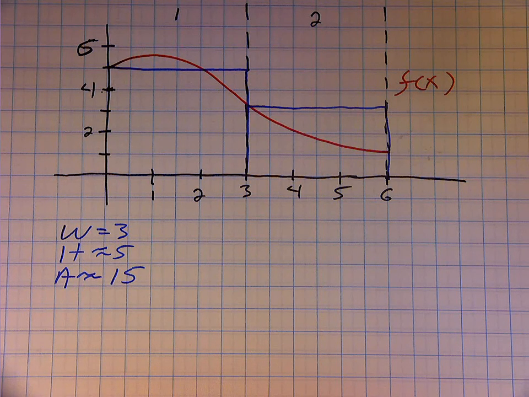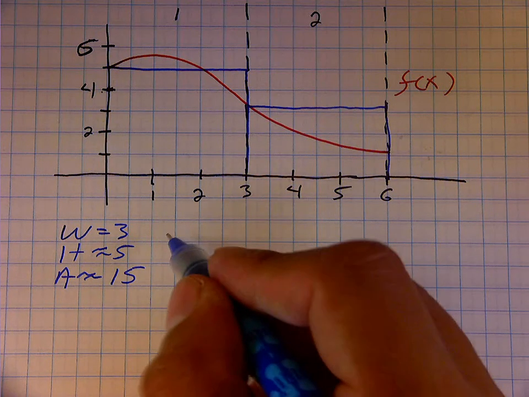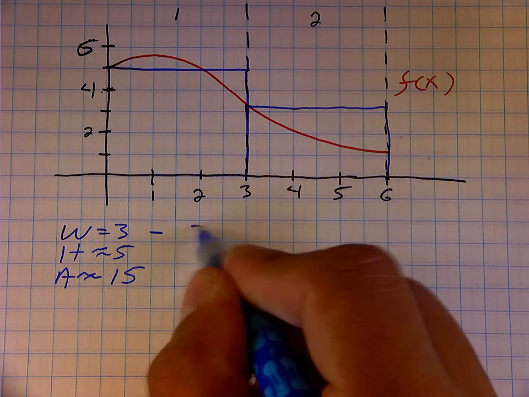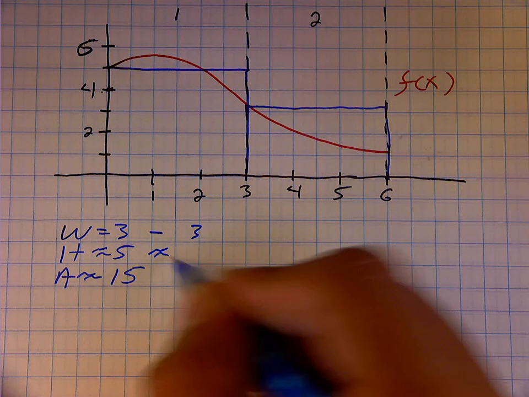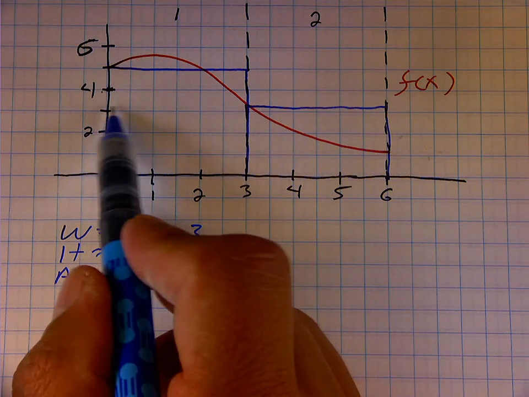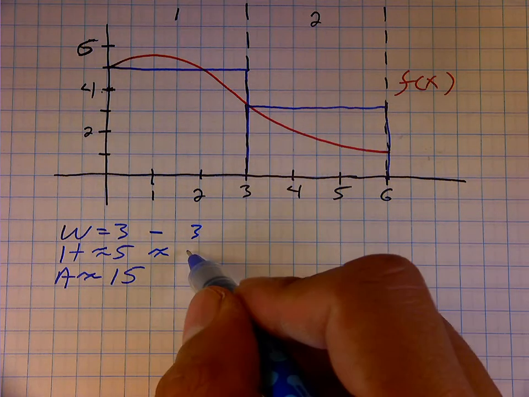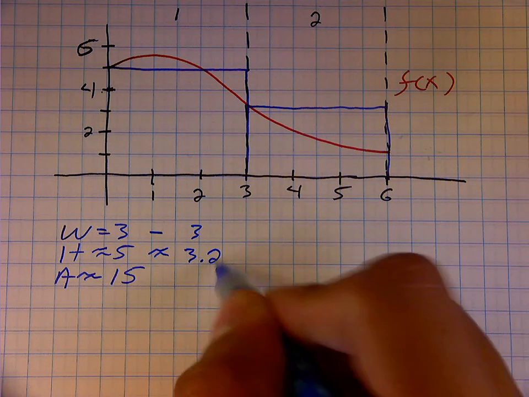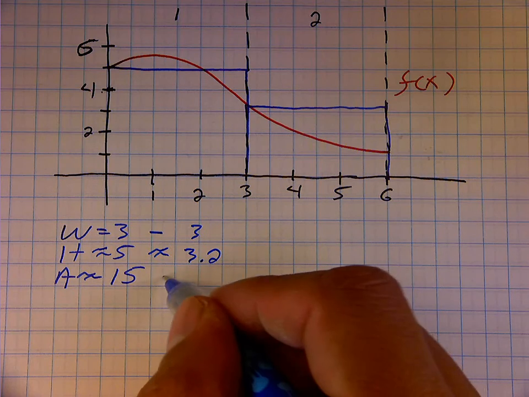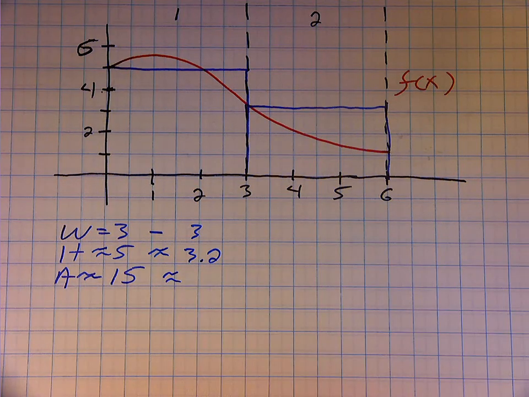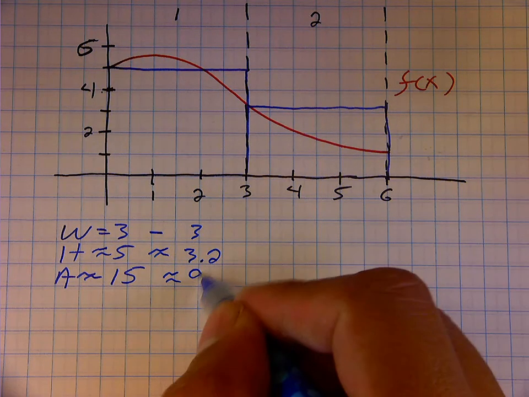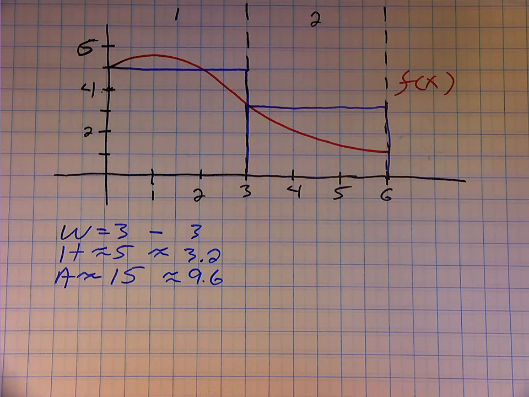So I will now approximate this rectangle's area. It also has a width of 3. Its height is approximately, if I had to guess, about 3.2. Then its area is going to be the product of those 2 numbers. 3 times 3.2, which is 9.6.